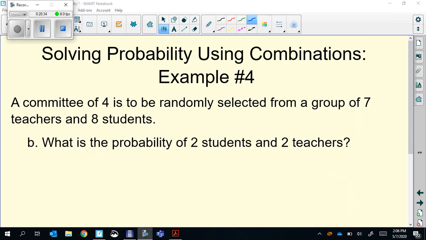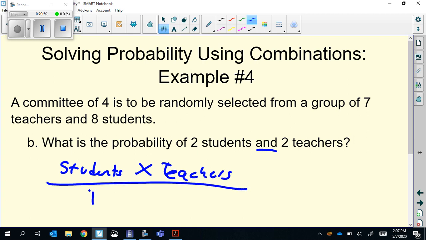Same situation this time. It's probability of 2 students and 2 teachers. So again, we have 2 things here. We're going to look at how many ways to pick 2 students. And then it's going to be like a counting principle here. We're going to do the times the ways to pick 2 teachers over the total.